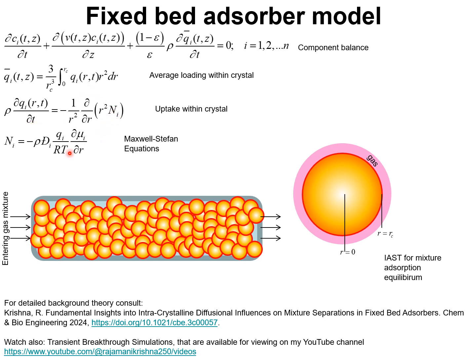N sub i represents the molar fluxes of ingress of the guest components within the crystals, and as I have argued in this paper and in several of my previous publications, the correct way to model diffusional influences for kinetic separations is to use the Maxwell-Stefan diffusional formulation that employs chemical potential gradients as driving forces for diffusion.